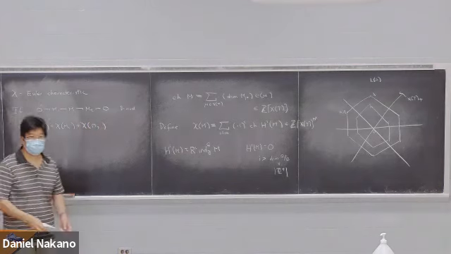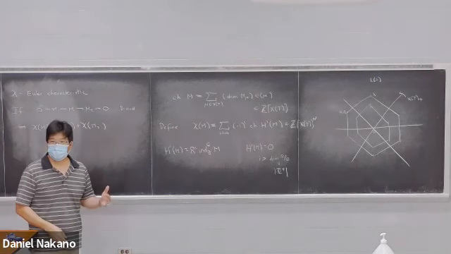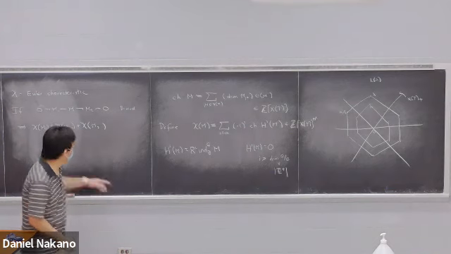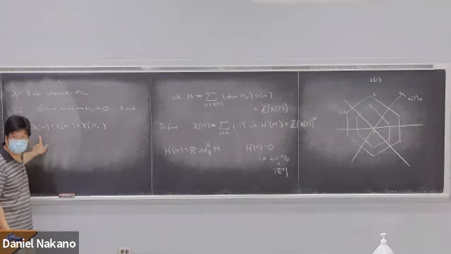So in particular, if you have a module and you have a composition series for that module, then all you have to do is take the Euler characteristic on all the composition factors, and then you get the Euler characteristic for the entire module. So, okay.